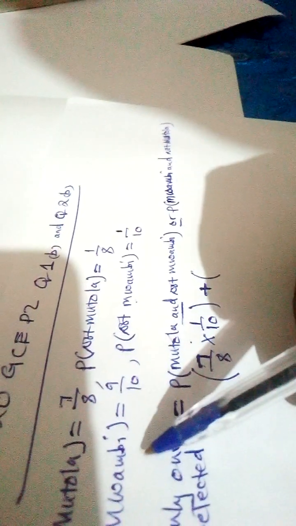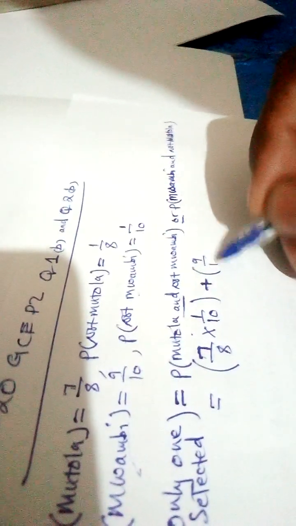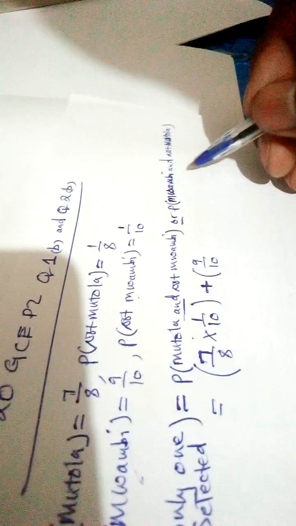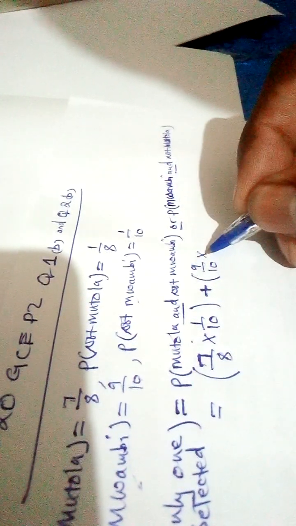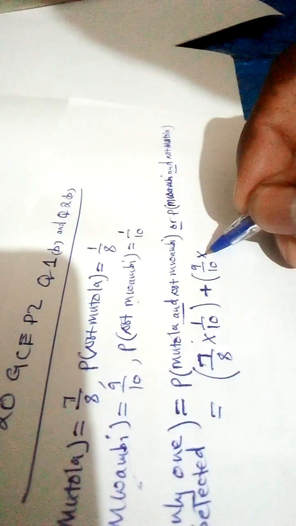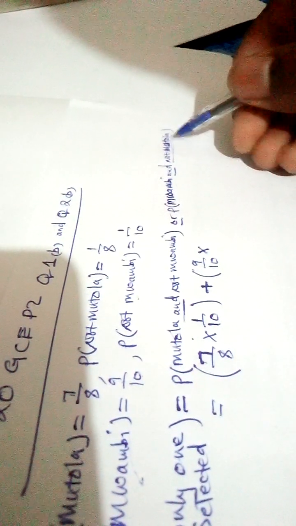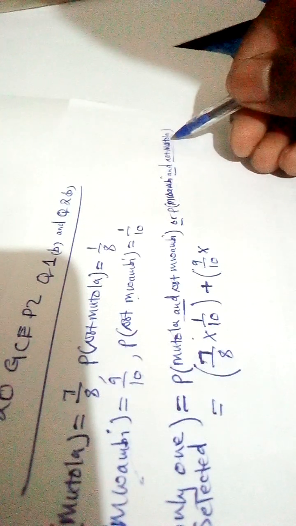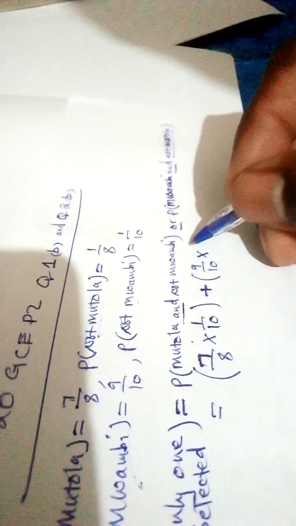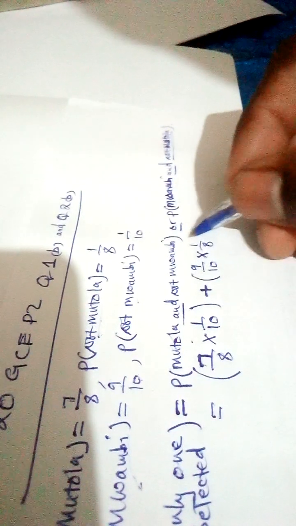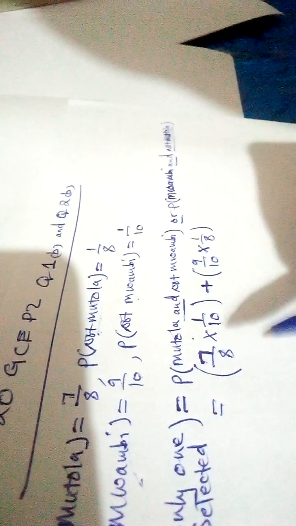Let's check here. Mwambi is 9 over 10, so we write 9 over 10 here. Remember once again, the word "and" simply means multiplication, so we need to multiply here. Times not Mutola, which we know is 1 over 8. So we write 1 over 8 here and close the brackets. That's what you do here.